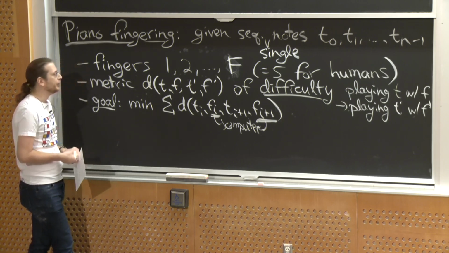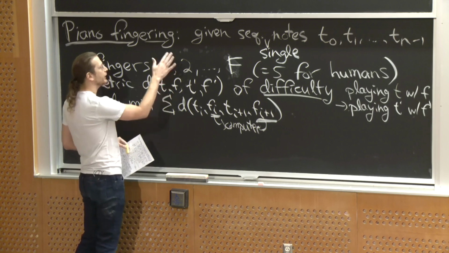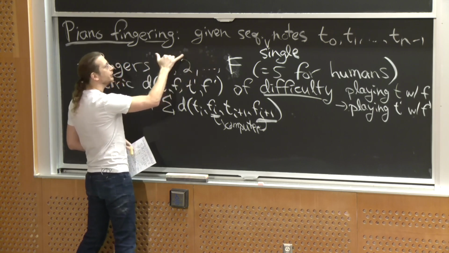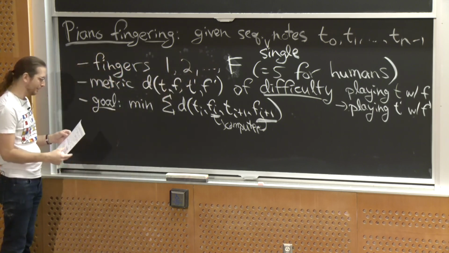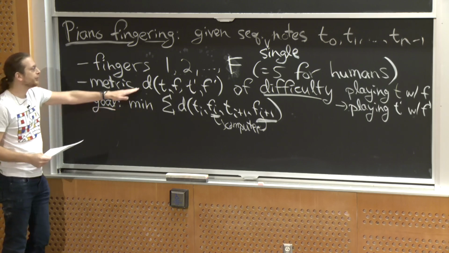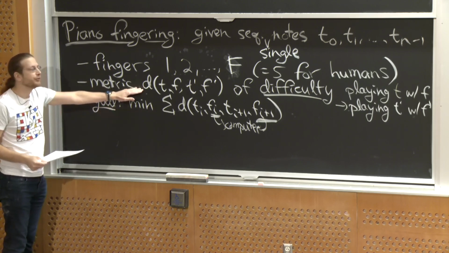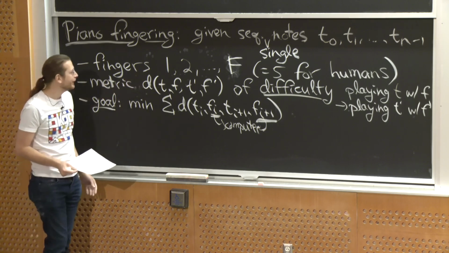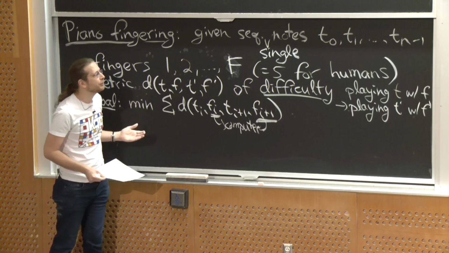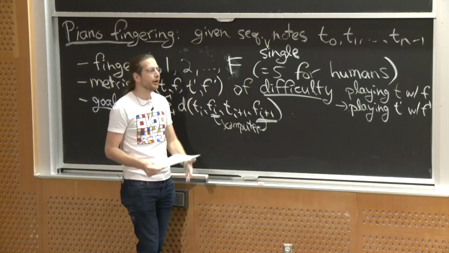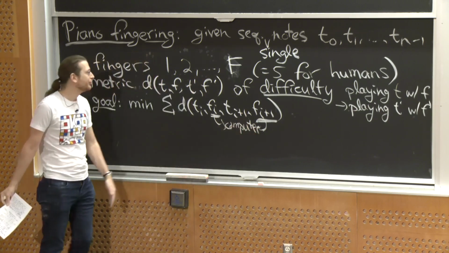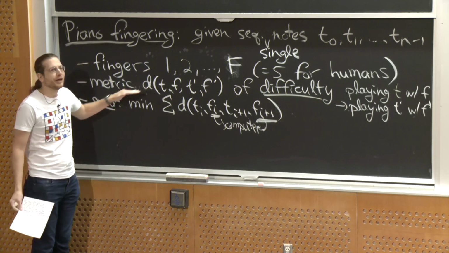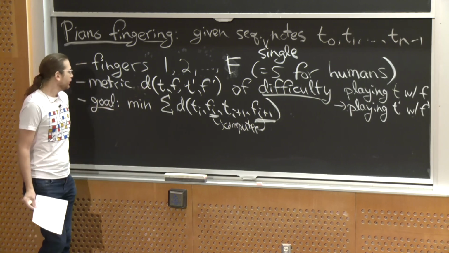I would prefer, if I'm going from a very low note to a very high note, to use more extreme fingers, things like that. Okay, but we're just going to assume this d function is given to us. It's some polynomial size. If you imagine the notes on your keyboard are m notes, then some polynomial in m size to this function. Okay?